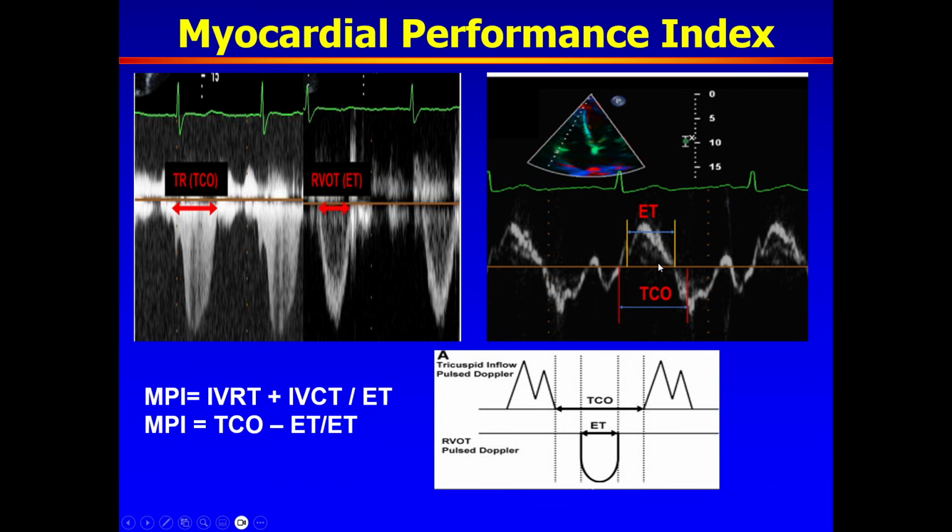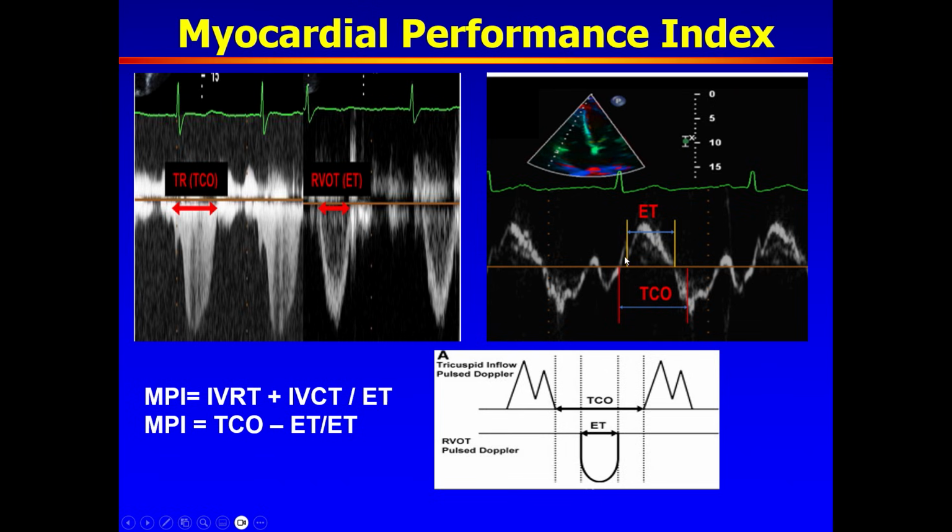So the ejection time is the time between the onset and end of the systolic ejection velocity. It excludes the isovolumic contraction time. We get the isovolumic contraction time between the onset of the QRS complex and the onset of S velocity, between that red line and that yellow line. Isovolumic relaxation is between the end of the S velocity and the onset of the E prime velocity.